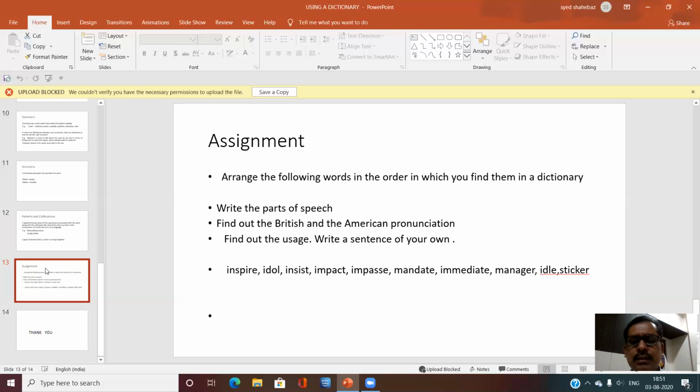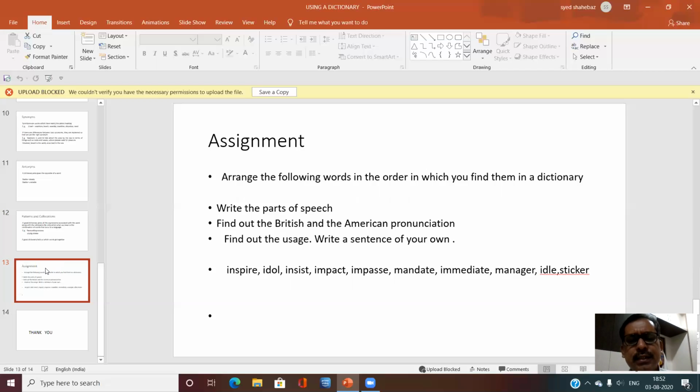What you have to do with these words: arrange the following words in the order in which you find them in a dictionary, the alphabetical order.